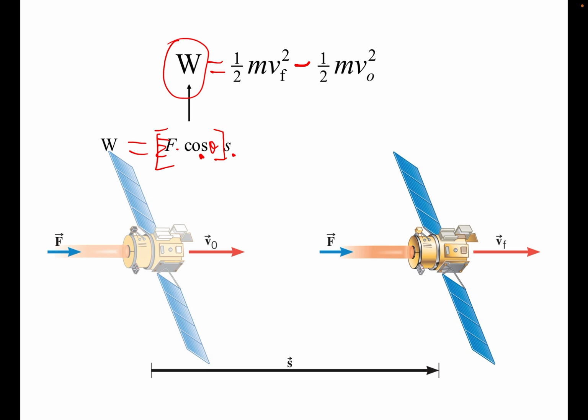The displacement is given, so we can calculate the work, and we know the initial speed and the mass. So we can calculate everything in the equation given by the work-energy theorem except the final velocity, which means we can solve for it if we calculate everything else.